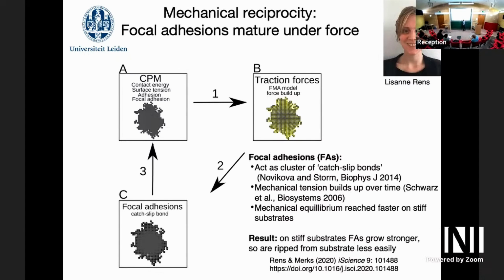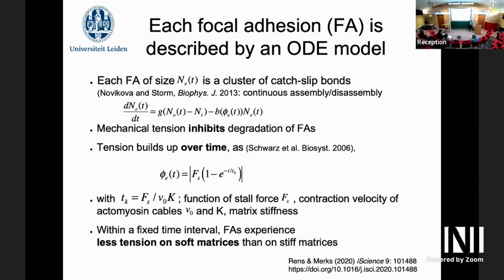Then I'm giving these forces to ODE models. These ODE models describe the size of the adhesion, so there's a growth and a degradation. And we said that the degradation is going to be force dependent. So if there's tension in the adhesion, the degradation is going to be suppressed.